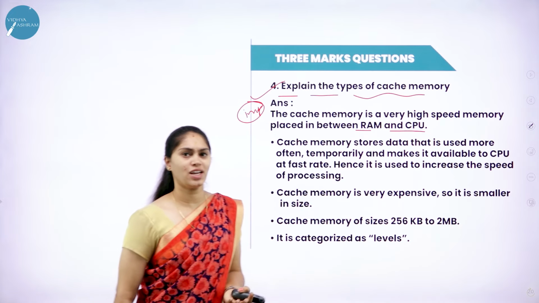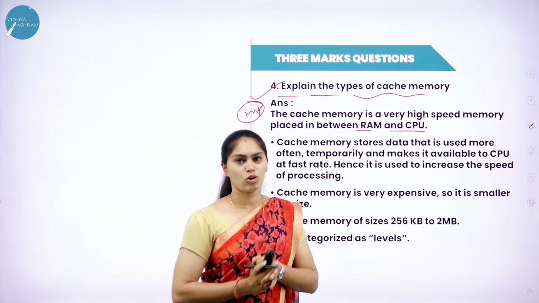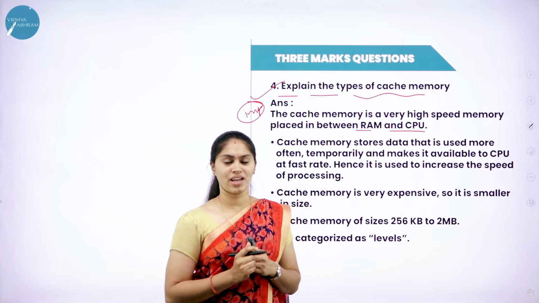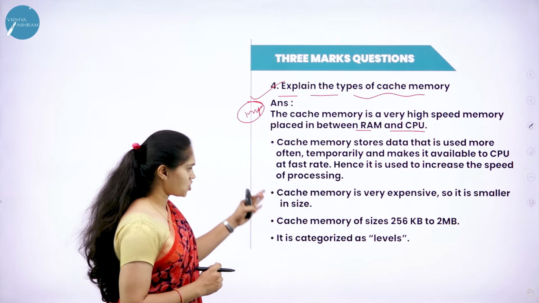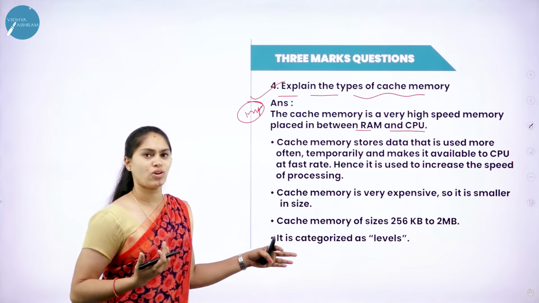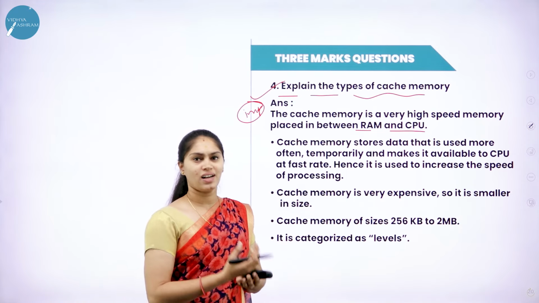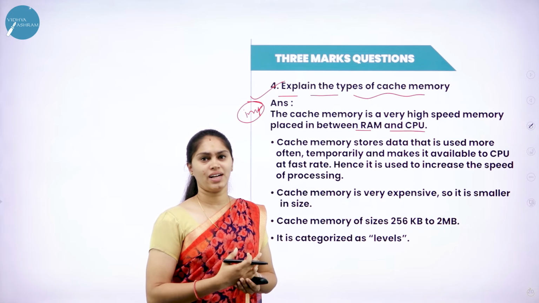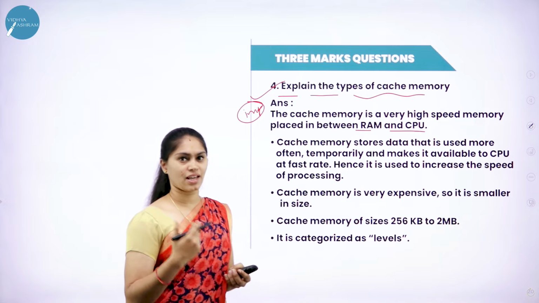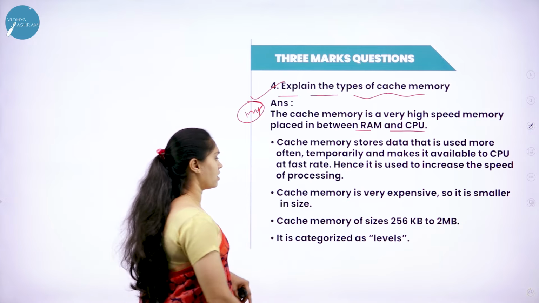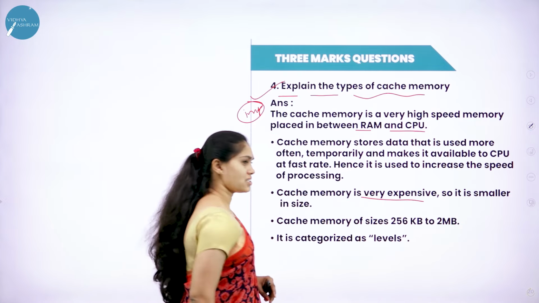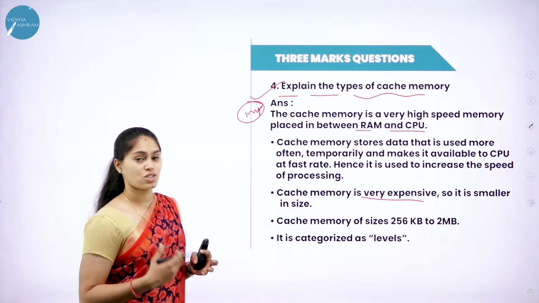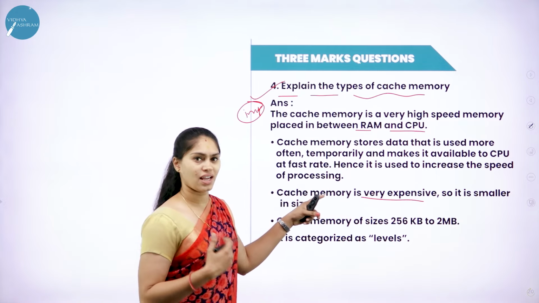Most frequently used data and information will be stored in this cache memory. It is smaller in size, but it stores the data and information which is more frequently required for the processing of data. Though it is smaller in size, it is very expensive. Why? Because of its faster processing speed.